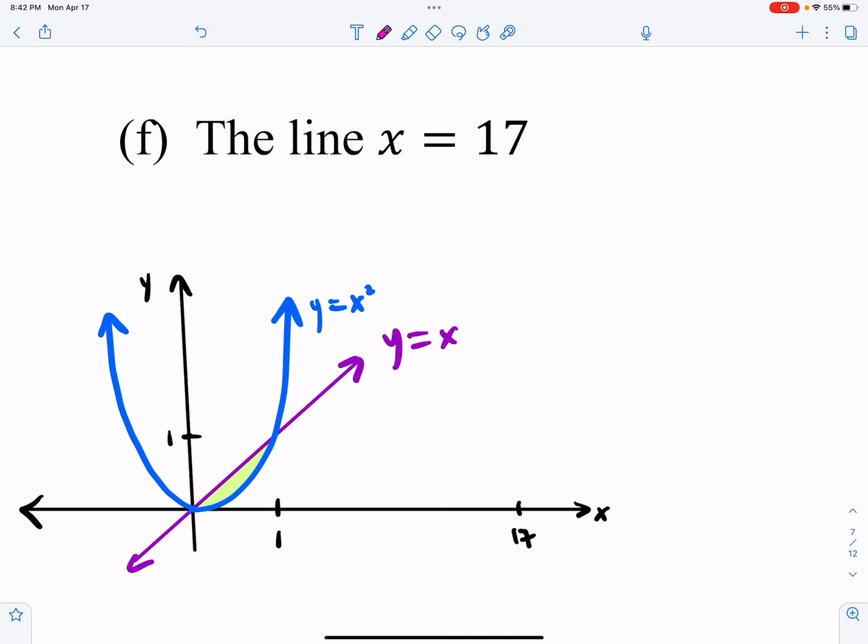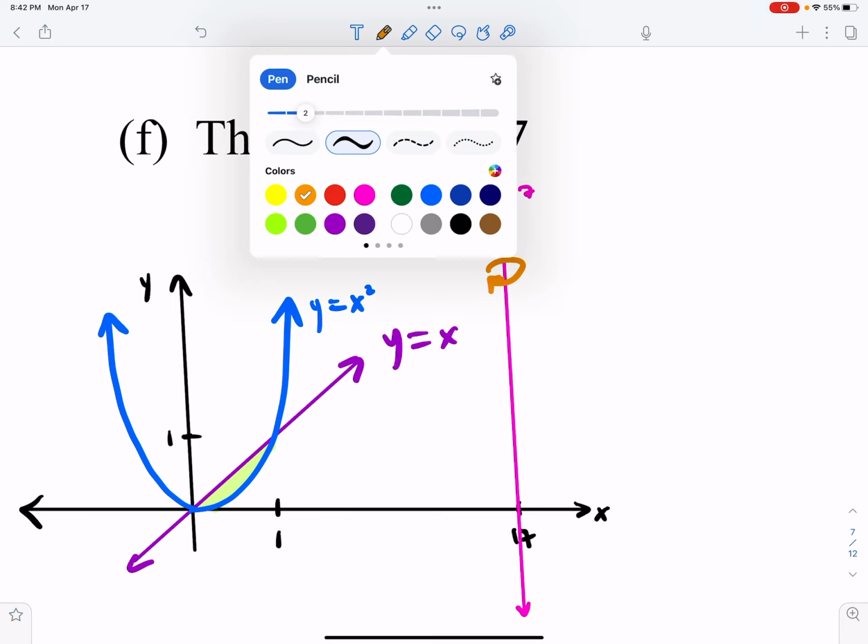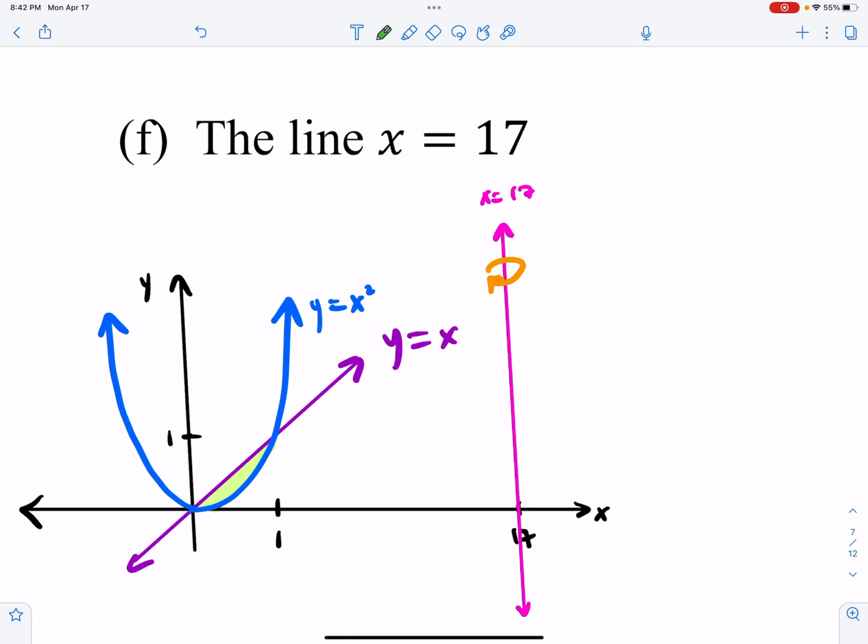So rotating around a vertical axis, okay, we have big R and little r.